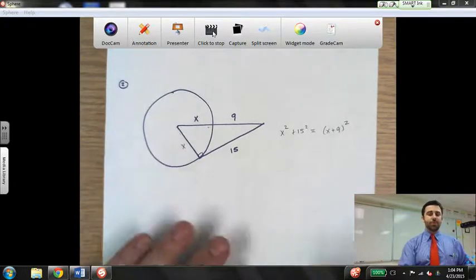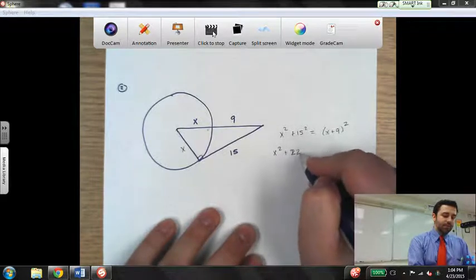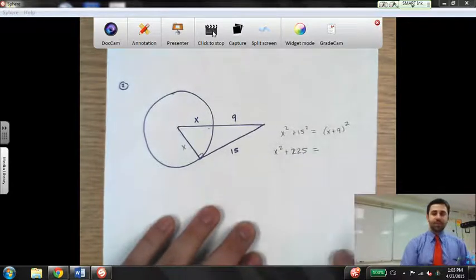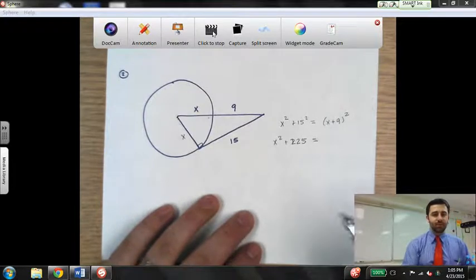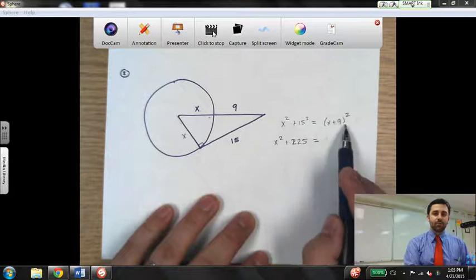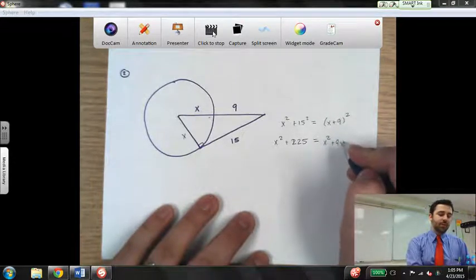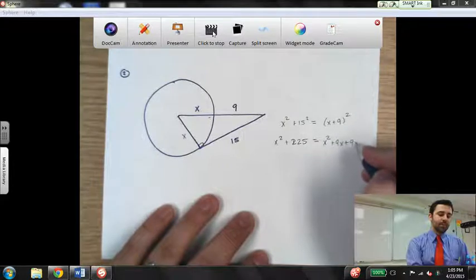In order to solve this, I first need to simplify everything. So x squared remains x squared, 15 squared is 225, and then I'm going to FOIL this binomial out and get x squared plus 9x plus 9x plus 81.